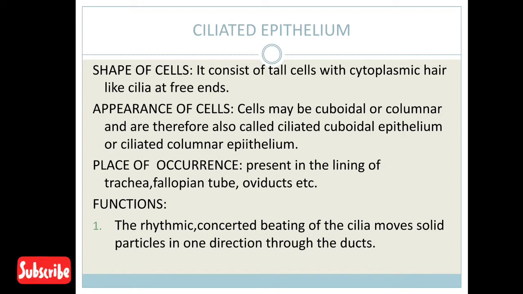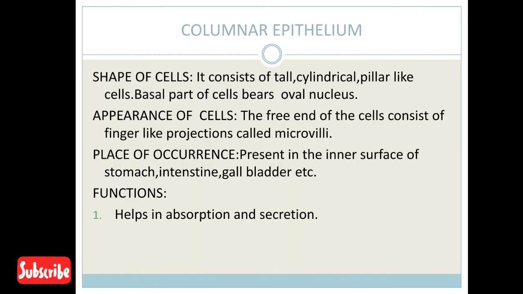This type of tissue occurs in the lining of the trachea, fallopian tube, and oviducts. The main function is that the rhythmic concentrated beating of the cilia moves the solid particles in one direction through the ducts. So these are the different types of epithelial tissue.